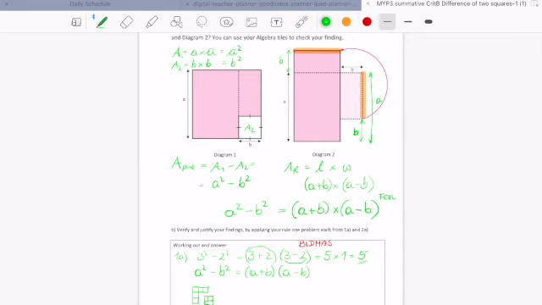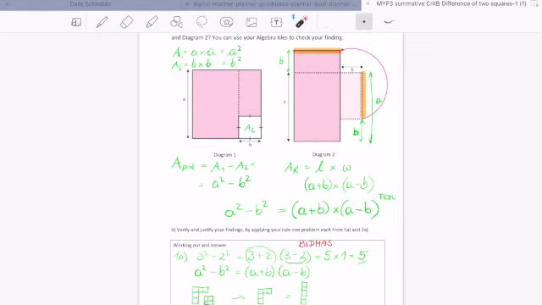I'm going to show you why this is important. So I have this part here. I'm going to redraw it. So I'm just looking at this part. And this is the same as drawing it out like this.